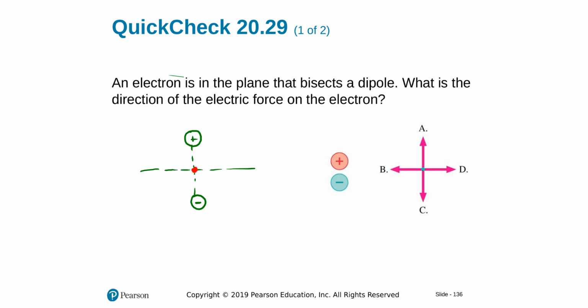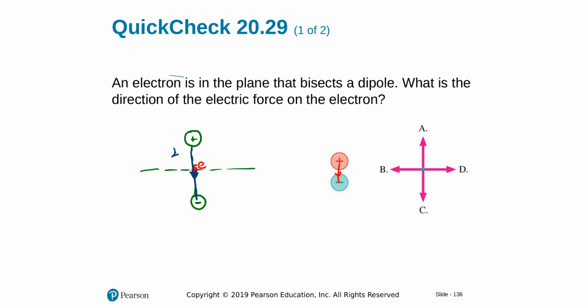All I have to do is, electron has a negative charge, so I'm going to symbolize the electron with minus. And I'm going to look at the direction of the electric field, which is always plus to minus, right? I'm going to draw it here too. I have a direction of electric field, plus to minus.